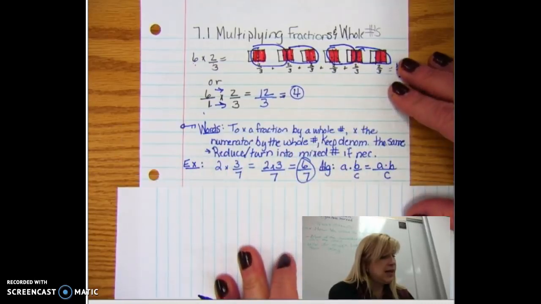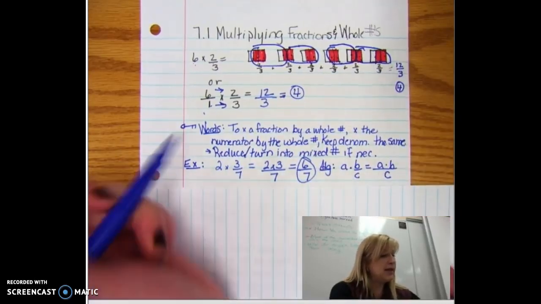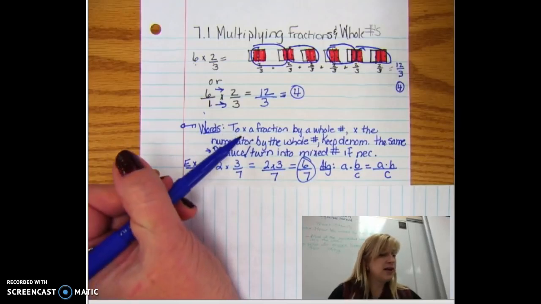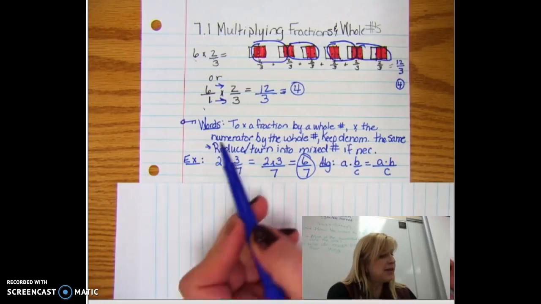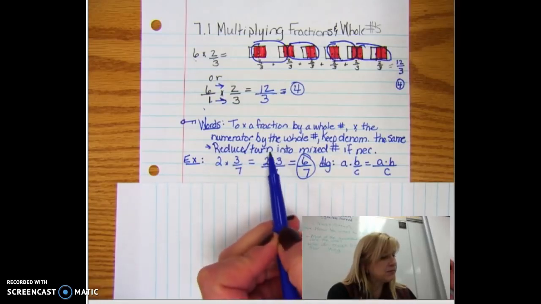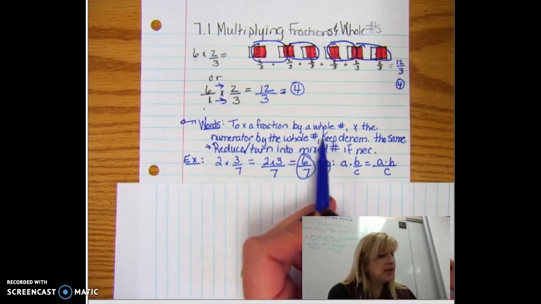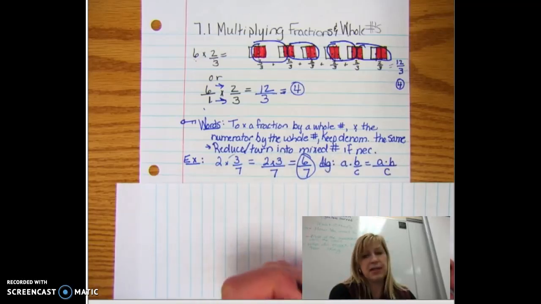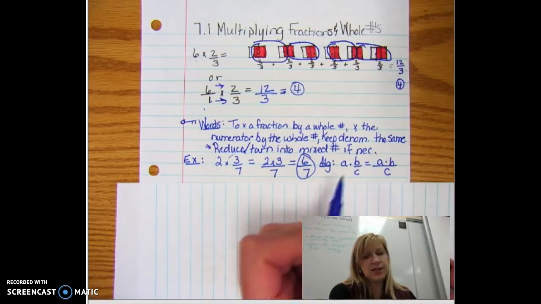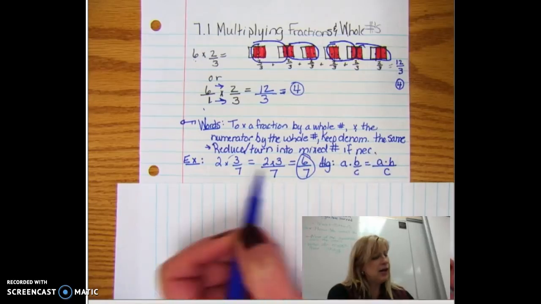So basically the way that you do this to multiply a fraction by a whole number, you multiply the numerator by the whole number, and you keep the denominator the same. Then you reduce and turn it into a mixed number if necessary. This is just a nice step to have the words for.